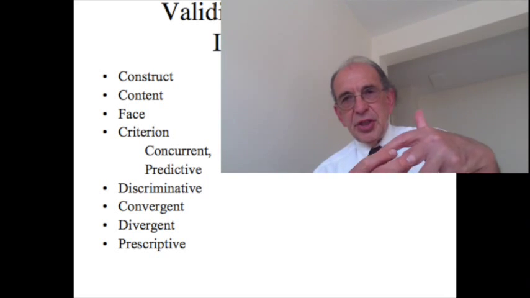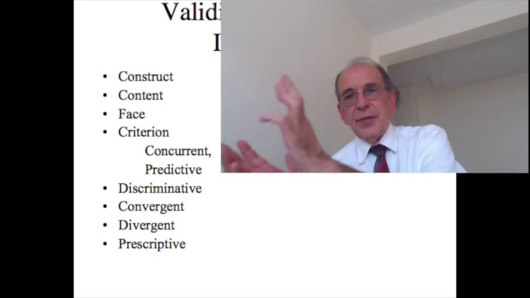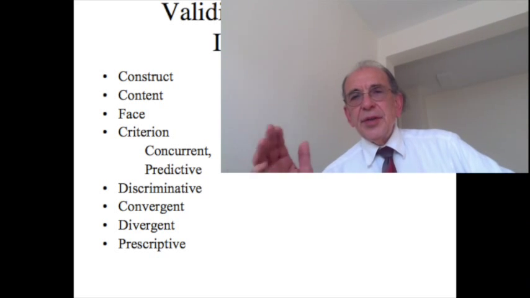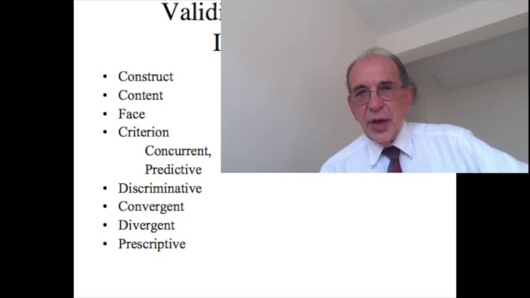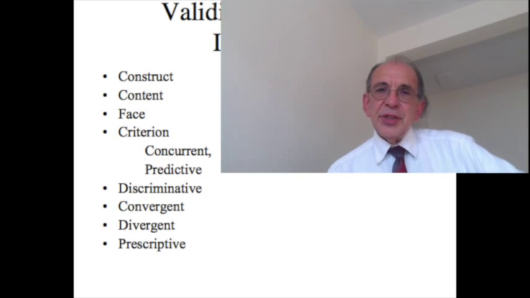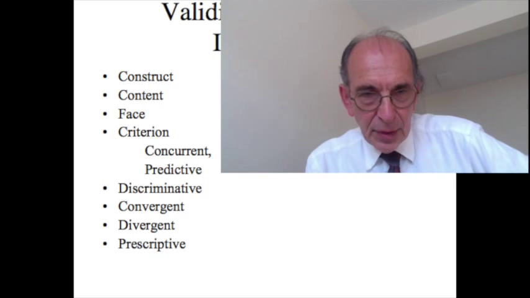So in terms of the GRE, a group of people who take the GRE and are admitted to school, their subsequent grade point average, for example, is compared to their scores on the GRE to establish predictive criterion validity.